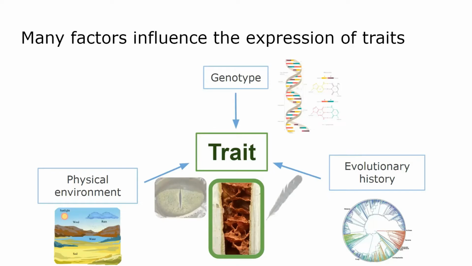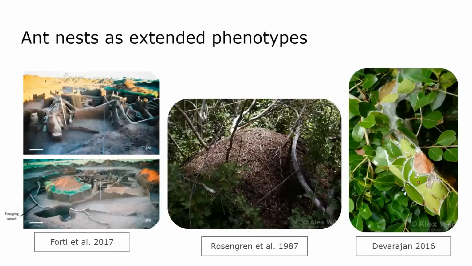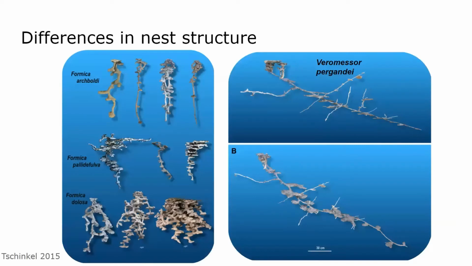by the ant nest. Ant nests are great examples of extended phenotypes, and here you can see a large diversity of different types of ant nests. They also differ in nest structure, particularly between closely related species pictured here on the left, but also between more distinctly related species.